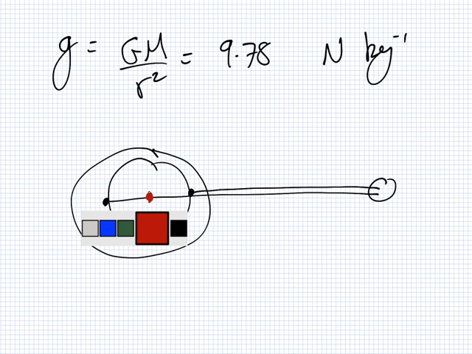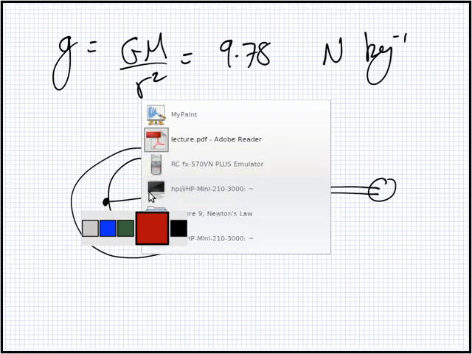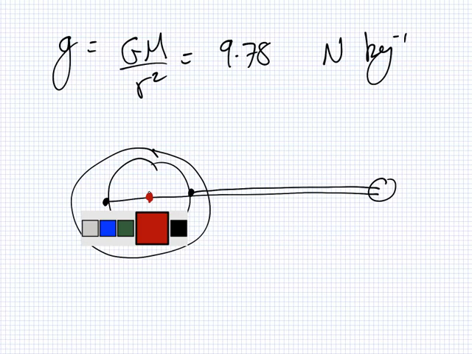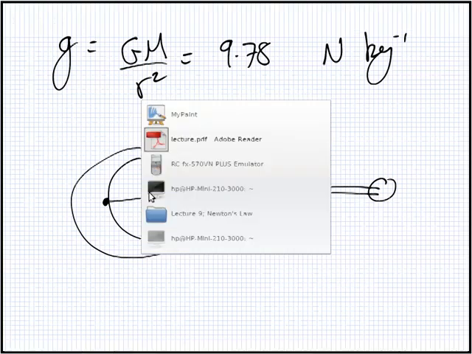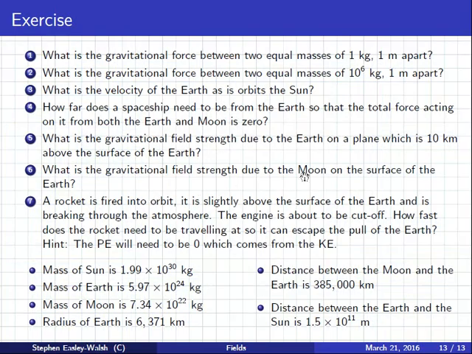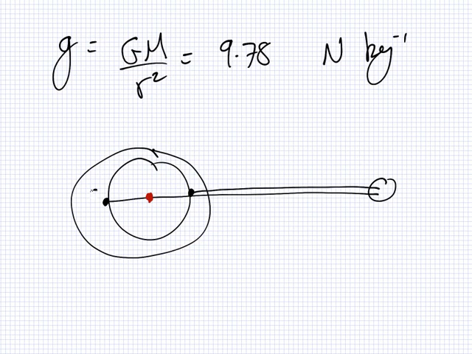What? Use what? I didn't tell you where on the surface you were. On the surface of the Earth. It does, because if you're here, it'll be less, and if it's here, it'll be more.